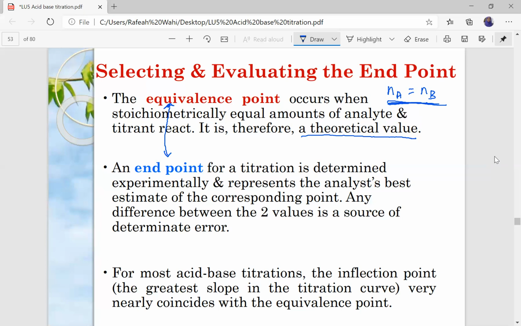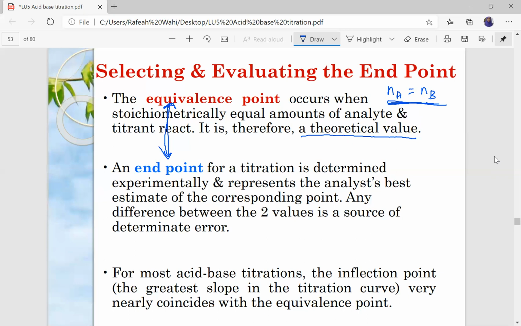So it should be as close as possible to the equivalence point, and it's important to select a proper indicator for each endpoint required.